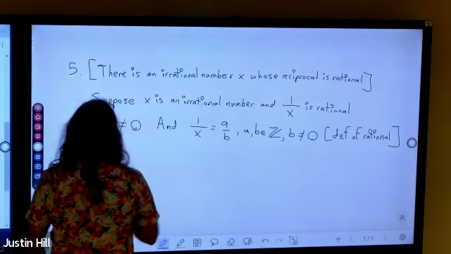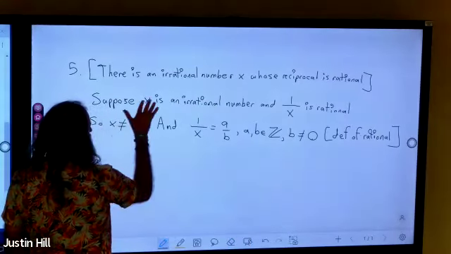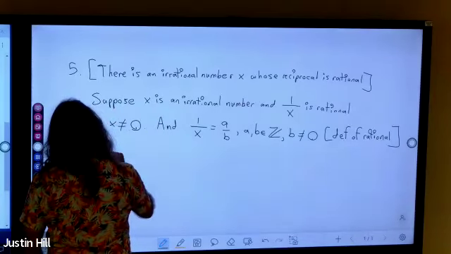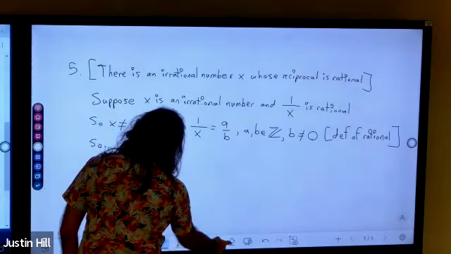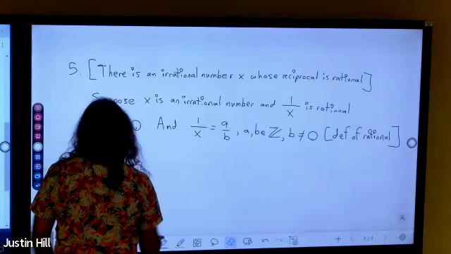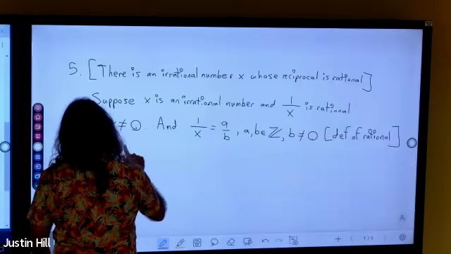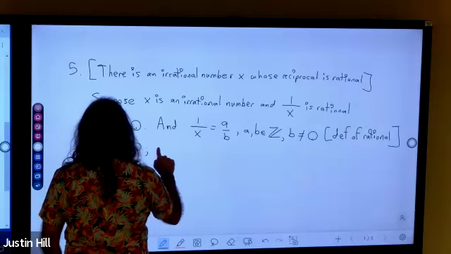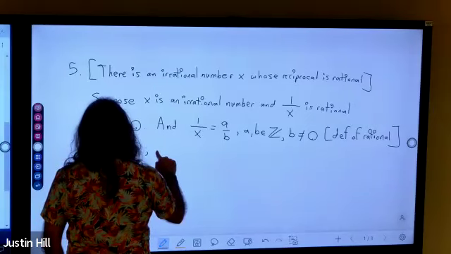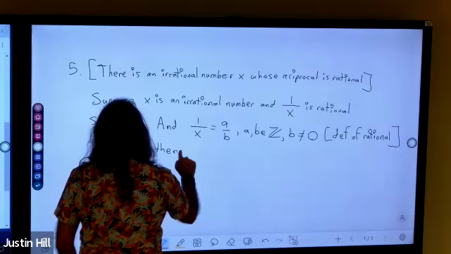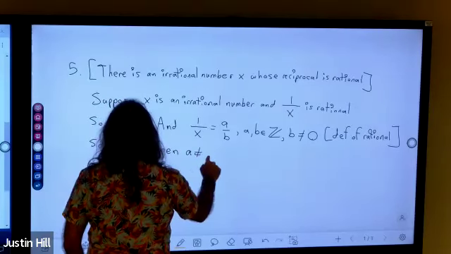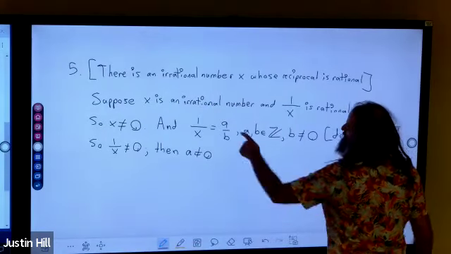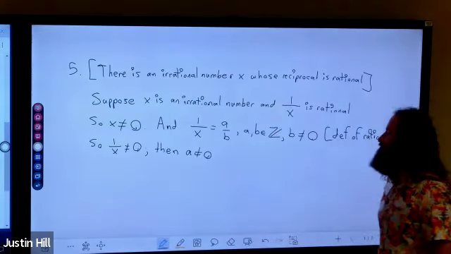So 1 over x doesn't equal 0, which means a can't equal 0. Because if 1 over x is a rational number, the only way for it to be 0 is for a to be 0.